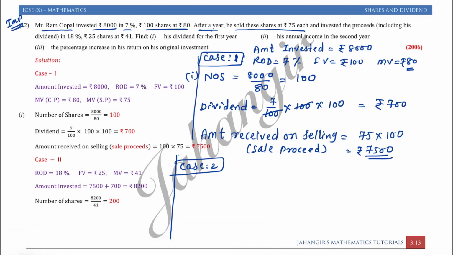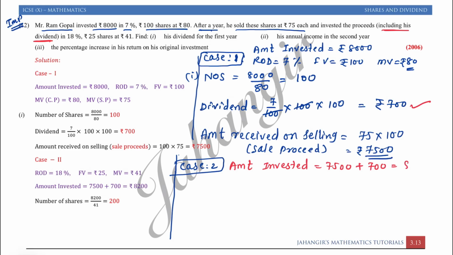In case 2, he had invested the proceed including his dividend. See here, given that the proceed is the amount received on selling, but this amount is invested including his dividend in another type of share. So here we will write the amount invested is 7,500 he got by selling the shares plus 700 he got as the dividend for the first company.